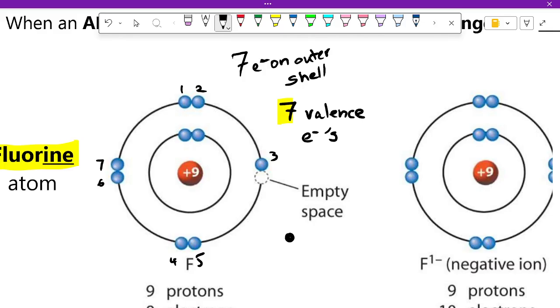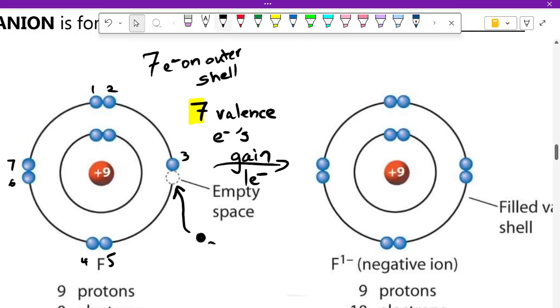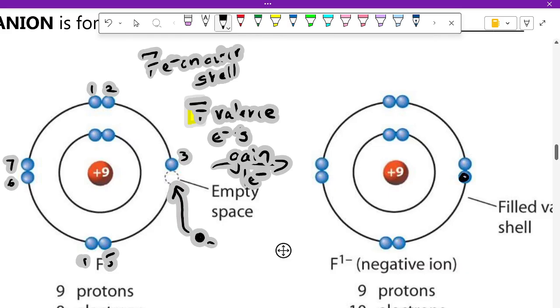So here comes an electron, and it's going to go into that empty space. As we go from here to here, we gain 1 electron. There's that electron that we gained.